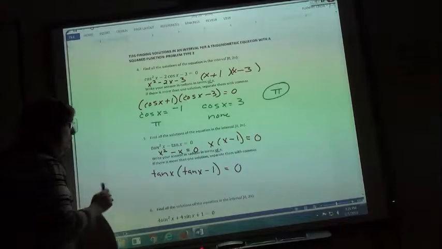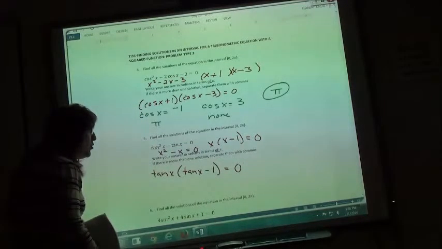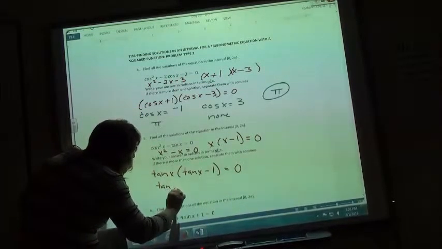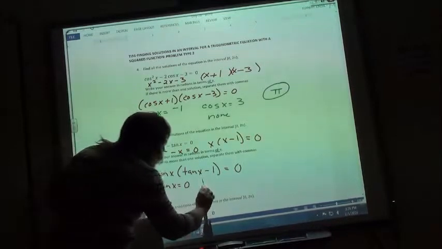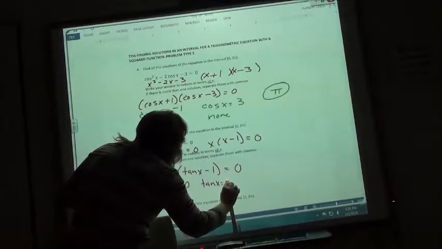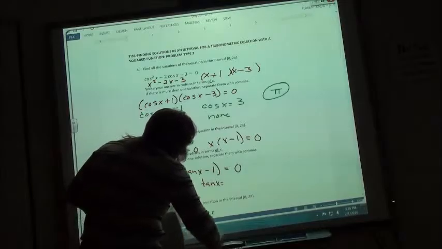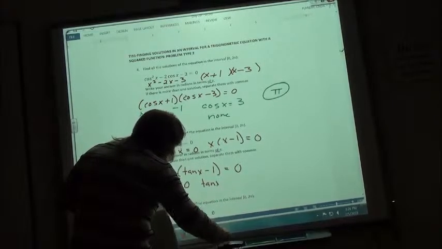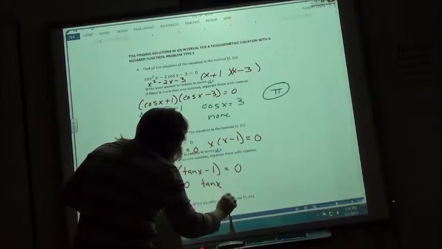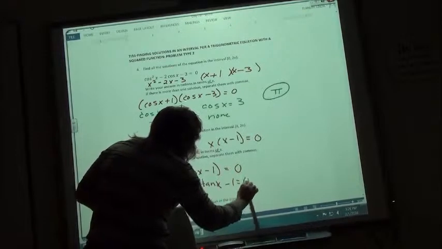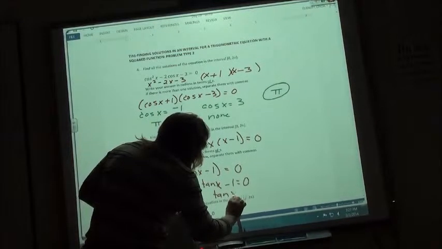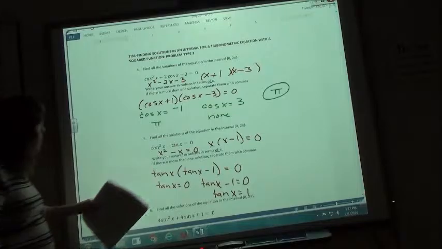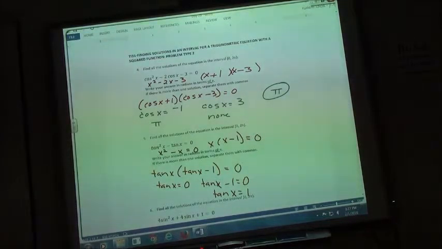So breaking this down into my two problems, either the tangent of x equals 0 or the tangent of x minus 1 equals 0, so the tangent of x equals 1. So I'm going to look for all my values where either the tangent of x equals 0 or 1.